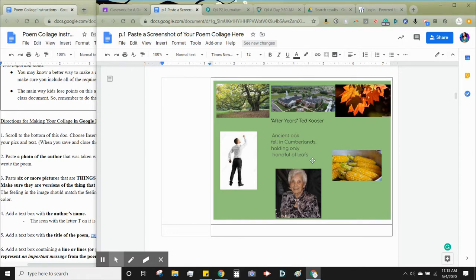Here, make sure you copy and paste the quote from the poem instead of hand typing it. If you hand type it, you're almost guaranteed to make a mistake. This particular student, I know, hand typed this quote because it says handful of leaves, and actually the poem says leaves, not leaves. So copy and paste.